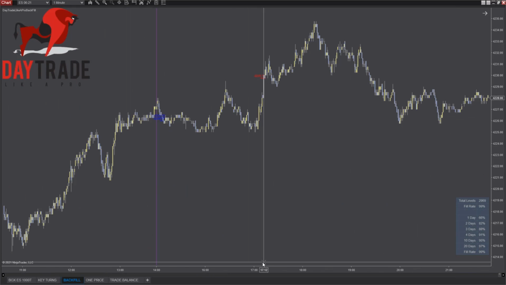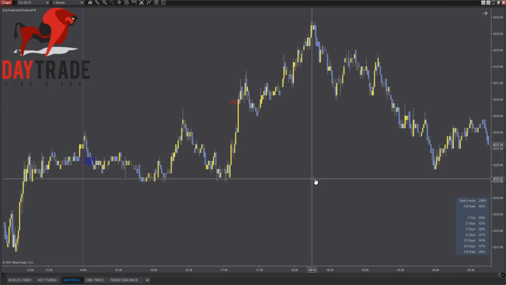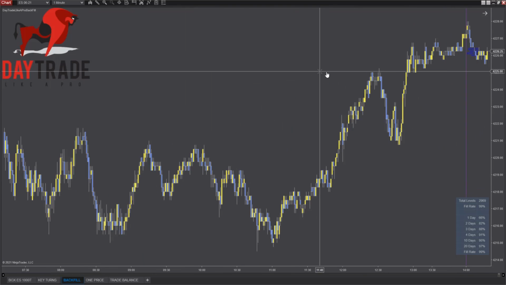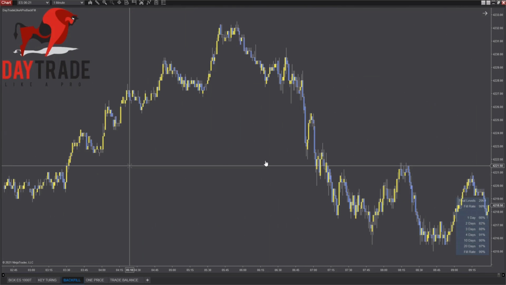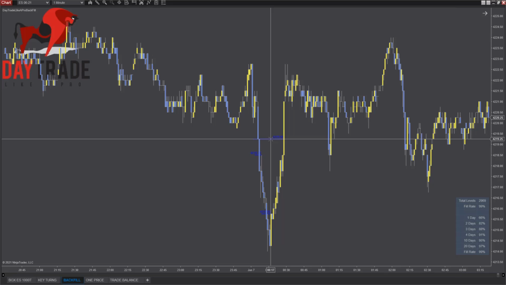That's going to be because the prices are going to be closer together, if you will. It's not going to be as far away from the market most of the time because it's a 1-minute chart. So it's going to be smaller moves.